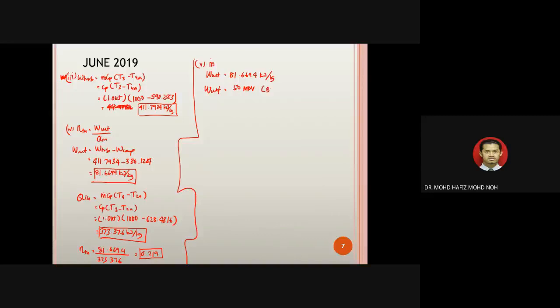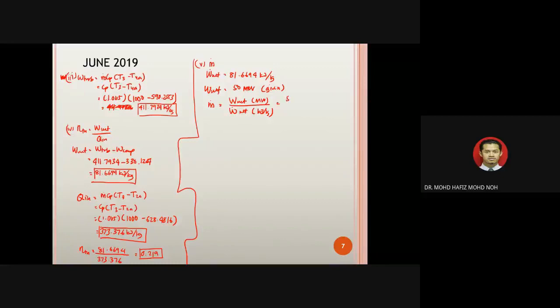The mass flow rate is the W net in megawatt divided by W net in kilojoule per kg. Then you find the value of mass flow rate.